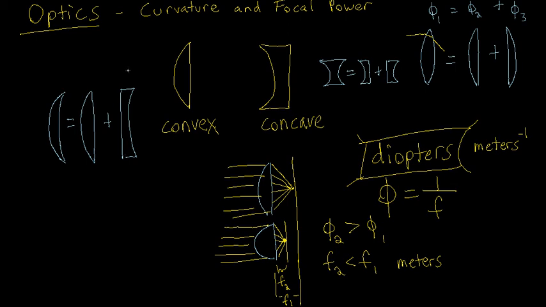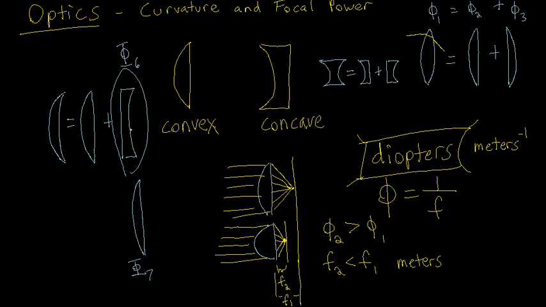Now this lens here is, we'll say this is the diopters of lens 6, and then we'll make a lens that is convex with the exact same curvature, and we'll call this diopters of lens 7.